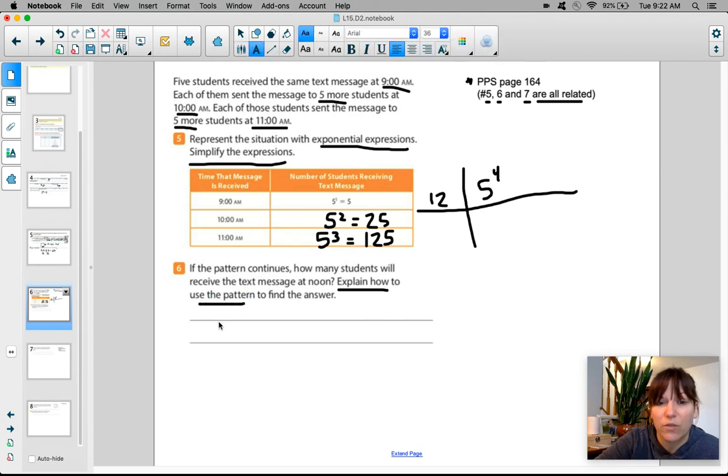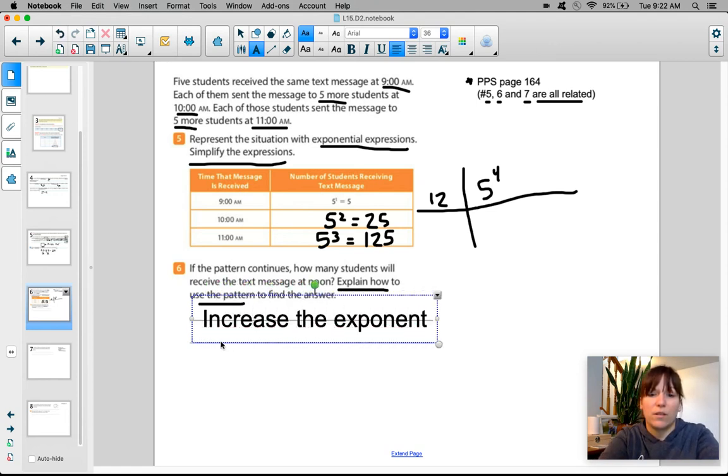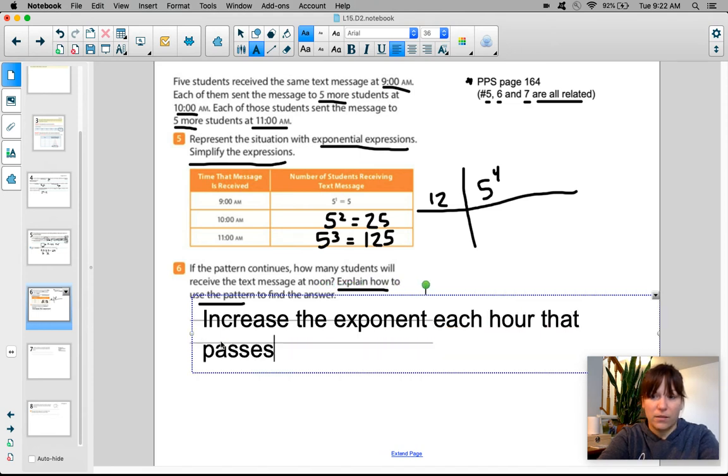So I'm just going to switch over to my text here. Increase the exponent each hour that passes. Would be one way that you could explain, not the only way. Okay.